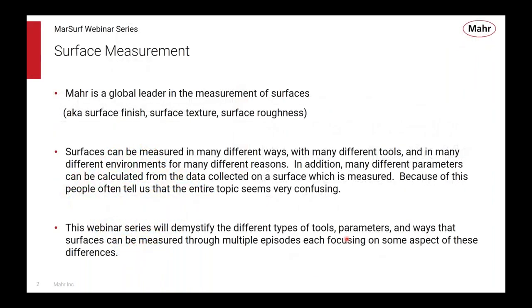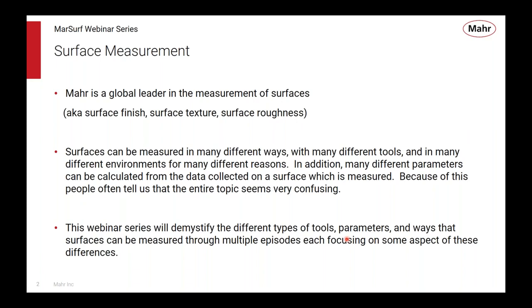Many of you, I know from seeing who has registered, are quite familiar with Mahr, and so you're aware that Mahr is a global leader in the measurement of surfaces. Some people talk about surface finish, some talk about surface texture, some talk about surface roughness, others just say finish. There's a lot of words for it, but it means basically the texture of a surface.